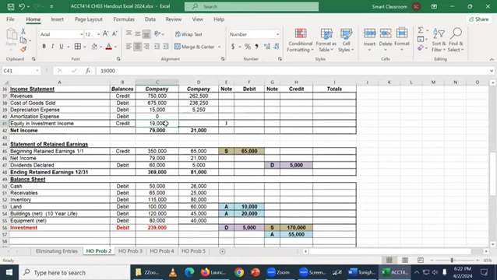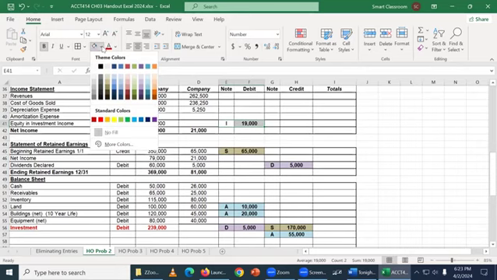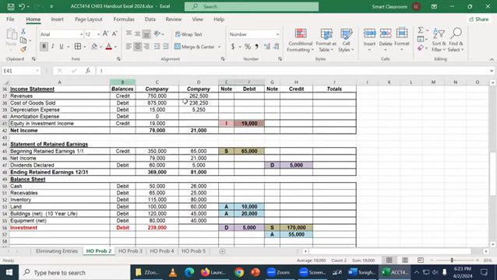Those are going to come out to be our income that we're going to have in total. So it's going to look like this. So we got to take off the 19,000. Let's give that a color. Red.